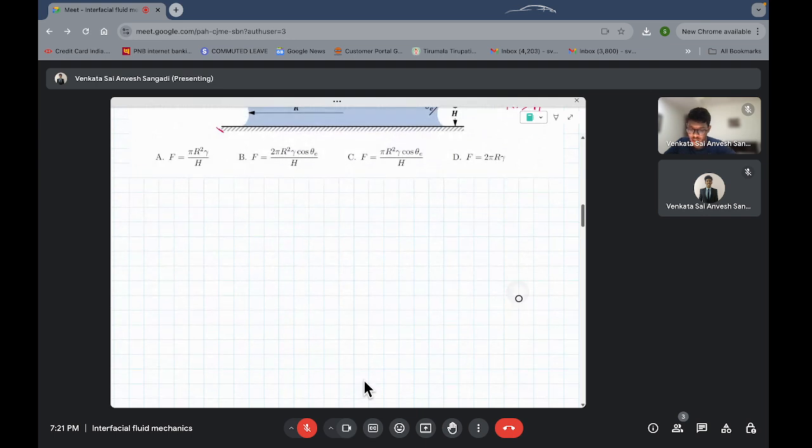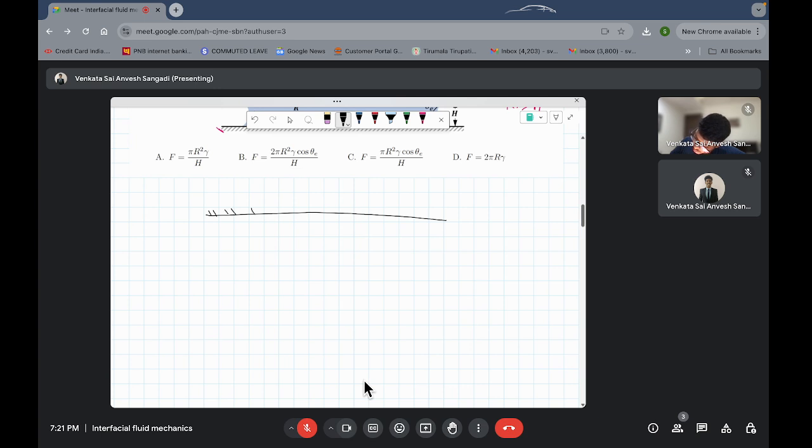Let's draw this diagram and see. Let's say it's given r and the height is h.